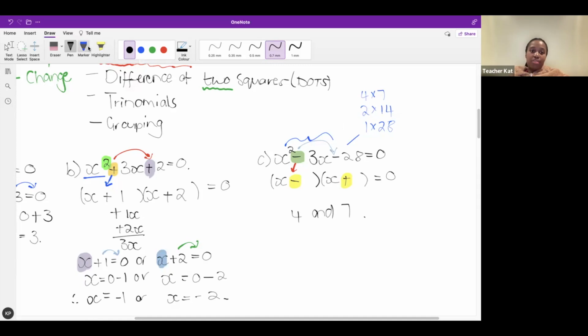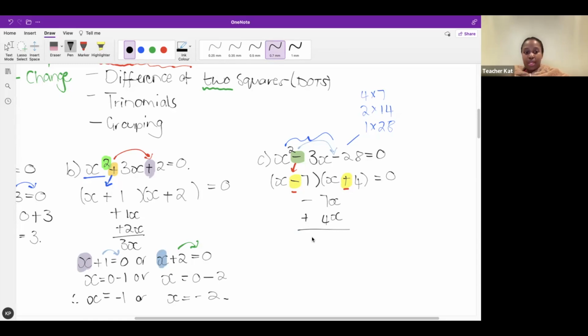Now, I told you we have different symbols over here. We have a negative and a positive. Which of these has to be negative? Nice. No, it has to be a -7 and +4 because let's do our check. Right? If I have -7x plus 4x, what's -7x plus 4x? -7x plus 4x.